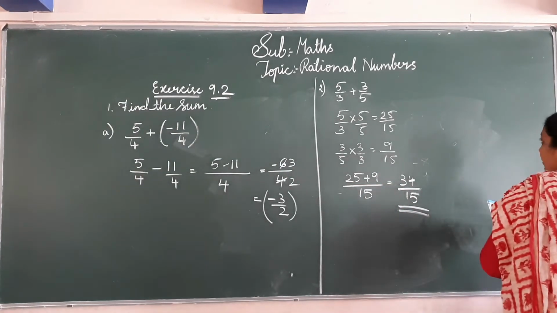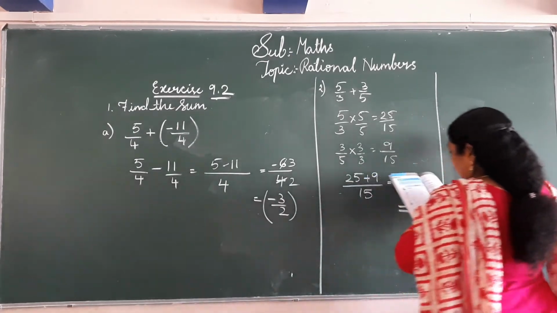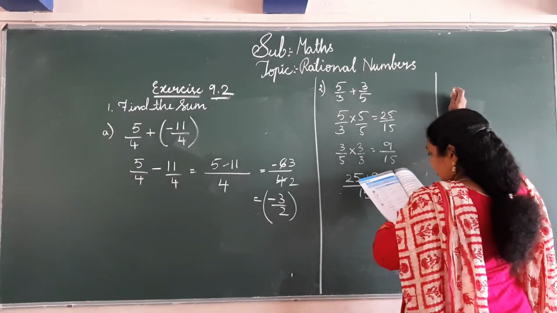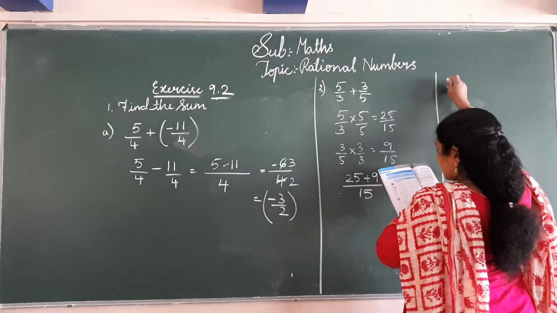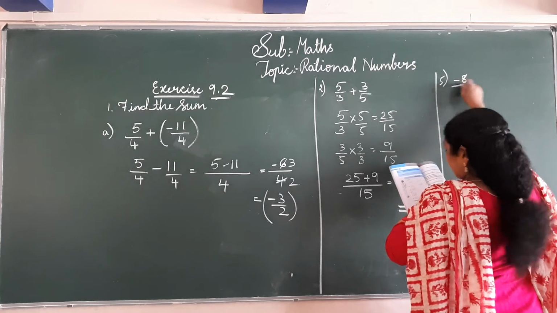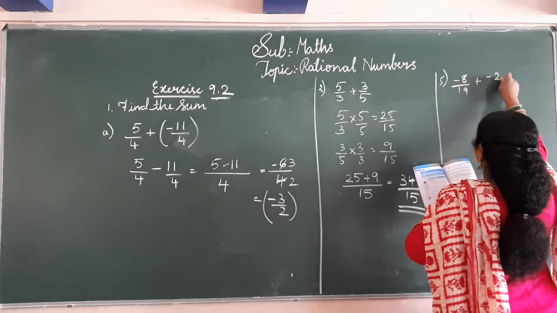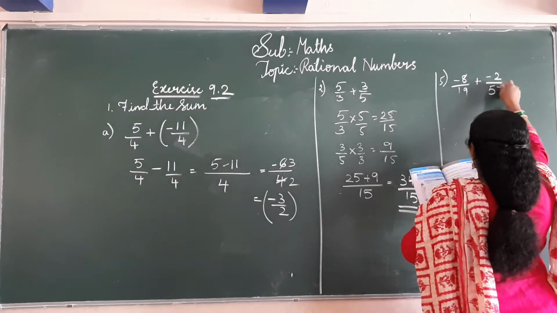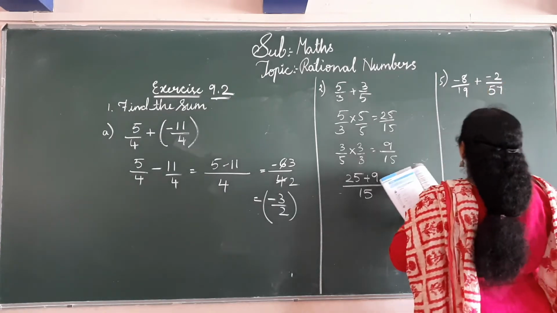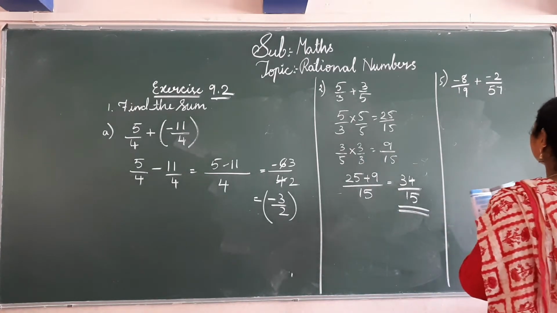Yes, I will do the fifth one for you. Fifth and sixth can be done. Looking at the others, I think you can do them by yourself. Okay? So I will do the fifth one. It says minus 8 by 19 plus minus 2 by 57. So it is a bit difficult number, isn't it?